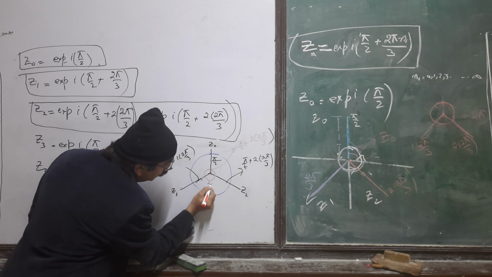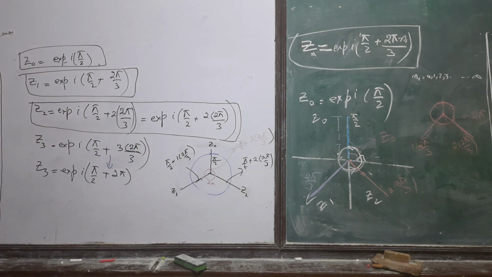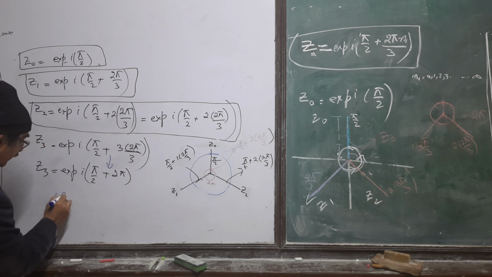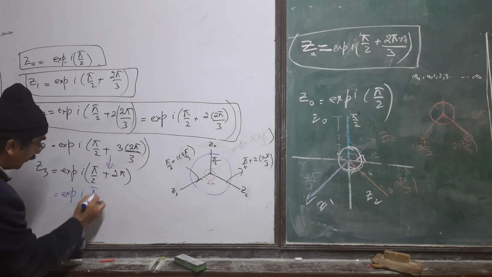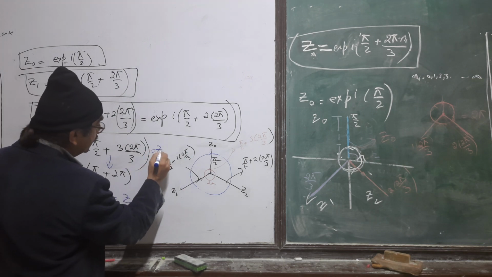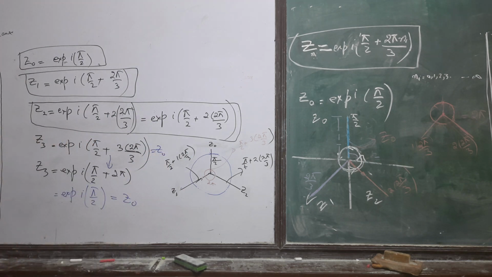If you come back again to 2 pi, this exponential will become iota pi by 2, and that is z naught. In this case that will also be z naught.